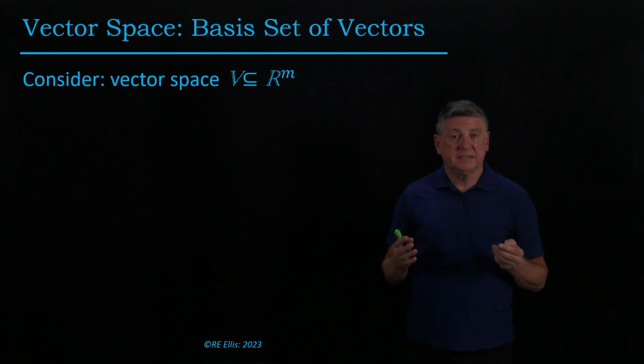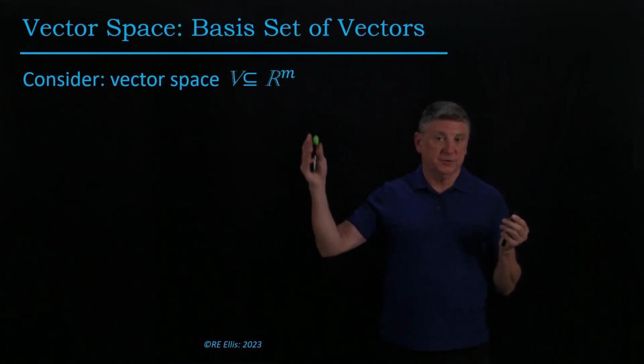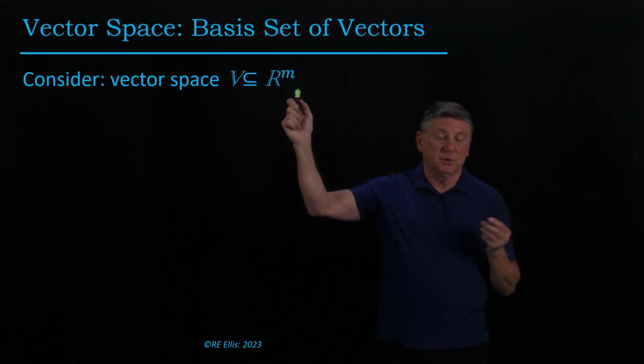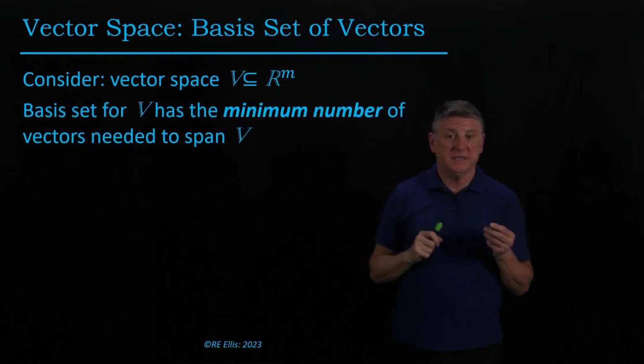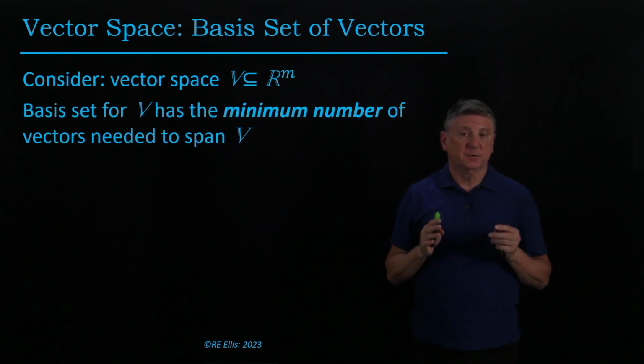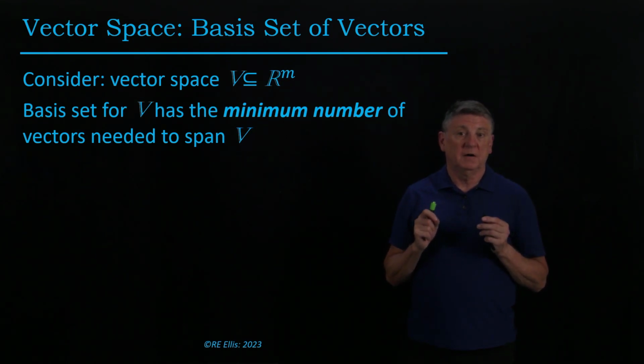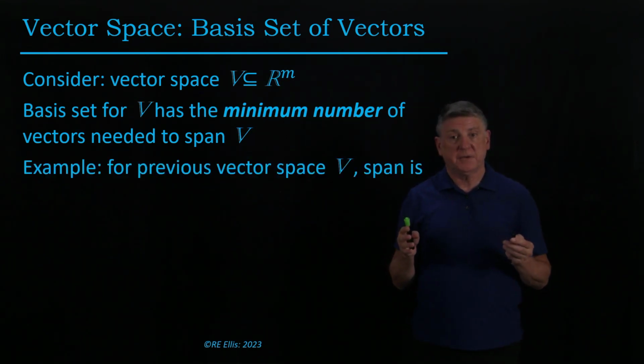Now a basis set is for a vector space that is composed of vectors with m entries each. A basis set for the vector space has the minimum possible number of vectors that you need to span the space.